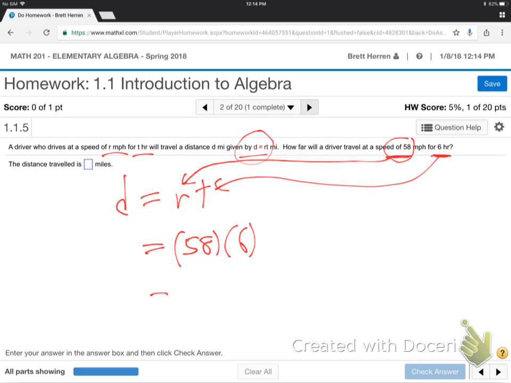You can use your calculator. 348. There we go. That's the answer, yep. That's what they want you to type into the box right here. If a car travels at 58 miles an hour for 6 hours, it'll do 348 miles.